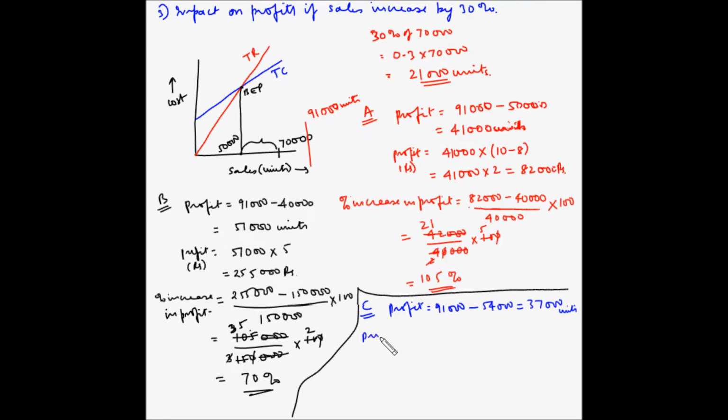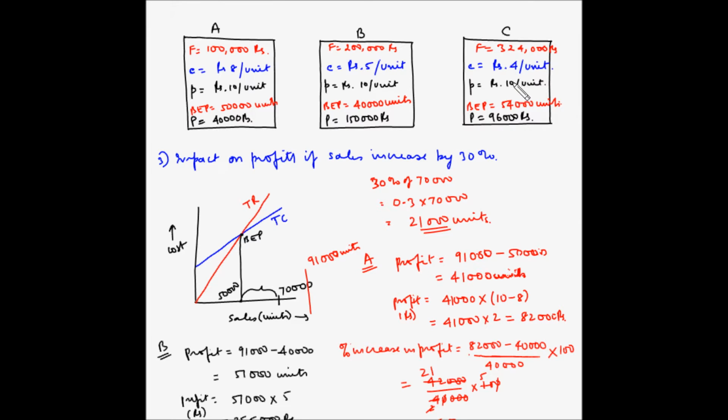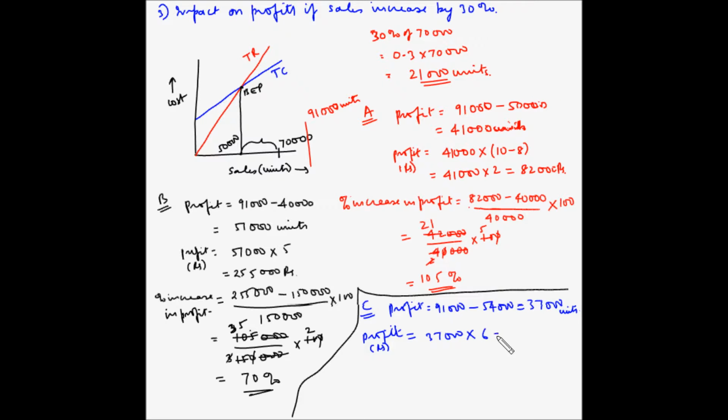Now profit in terms of rupees will be equal to 37,000 multiplied by the difference in the selling price and the cost price, which is 10 minus 4, which is 6. So 6 7s are 42, 4 carry over, 6 3s are 18, plus 4 is 22, and 000 rupees.